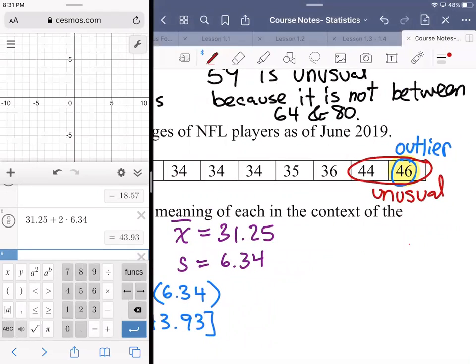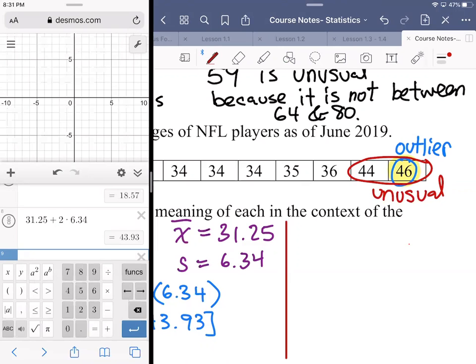But in this case, we're talking about context. We're talking about age. Regardless of NFL, it could be hockey, it could be teachers' ages, it could be anything. So we just want to describe what this means, right?